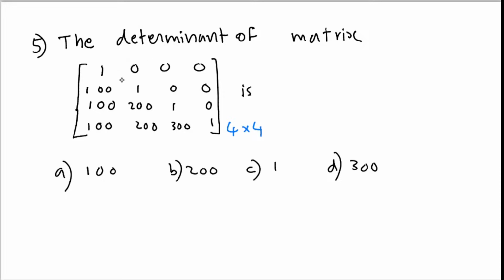We just need to multiply the diagonal elements. So the determinant here is 1 into 1 into 1 into 1, which is 1. So our final answer is option C, 1.